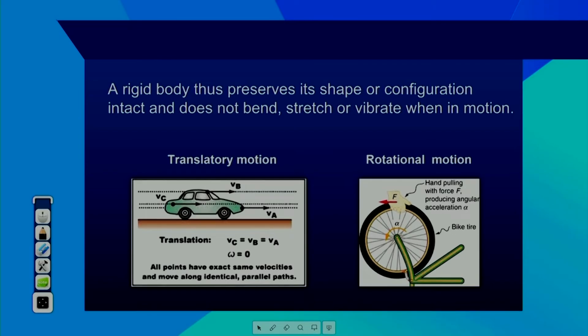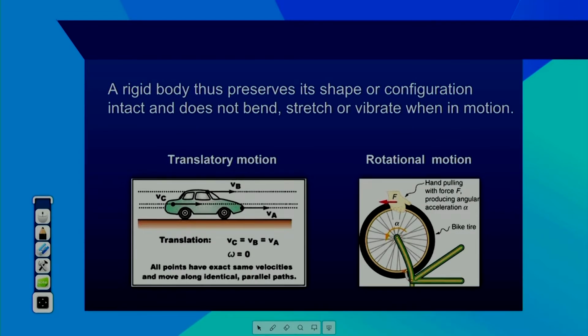In the figure you can see two types of motion, translatory motion and rotational motion. In the first figure you can see a car which is running along a straight road, and in the second figure you can see a cycle wheel which is free to rotate about a fixed axis.